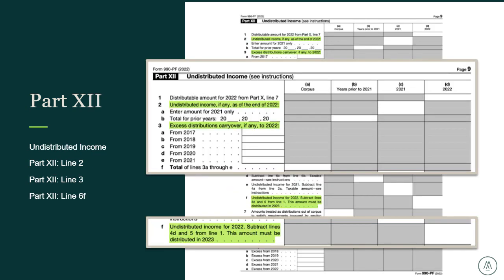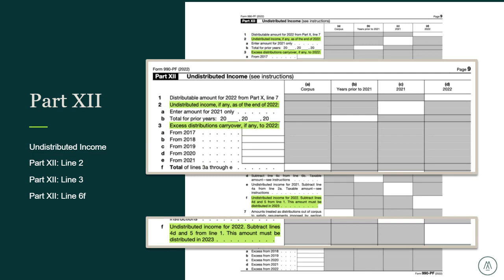All right, next section is Part 12, and this is where we're determining if the qualifying distributions are meeting and covering the distributable amount. This page can get technical and complex, but I'm just going to go over some items at a high level. Any current year qualifying distributions first go towards any prior year undistributed income.